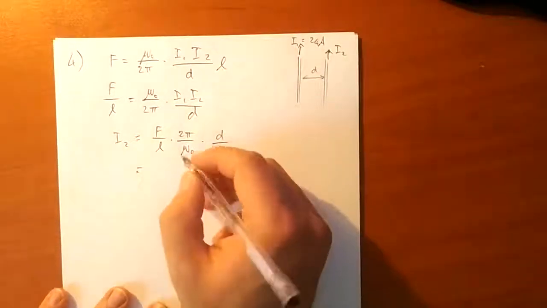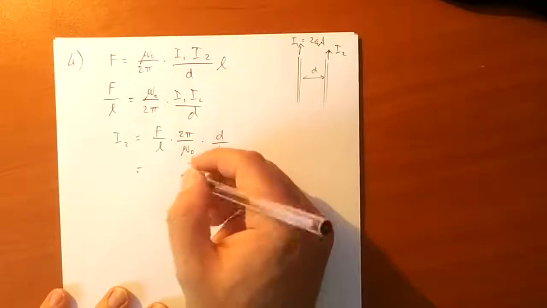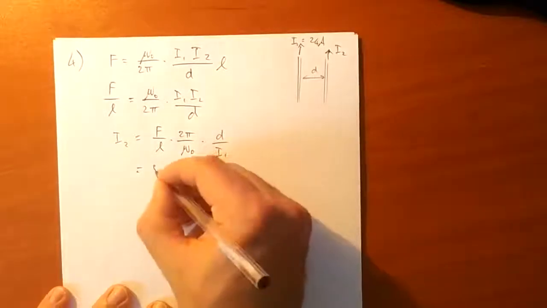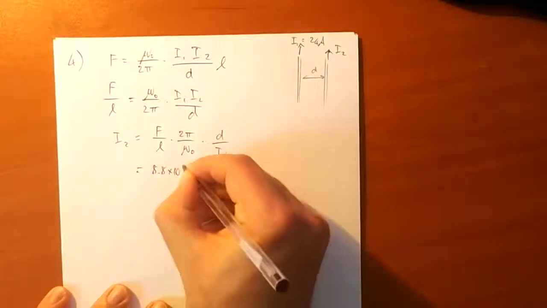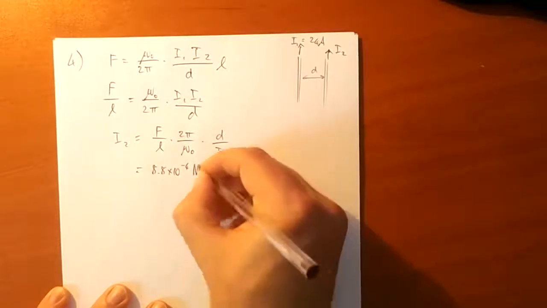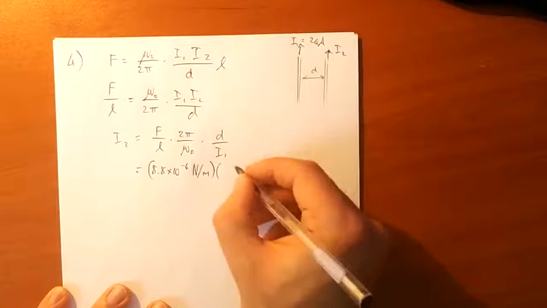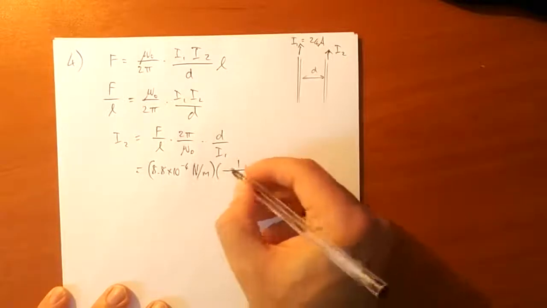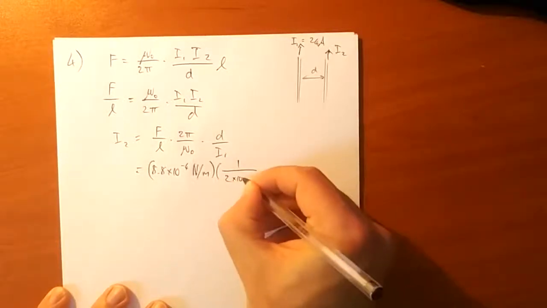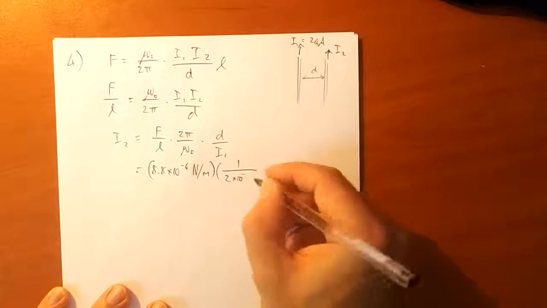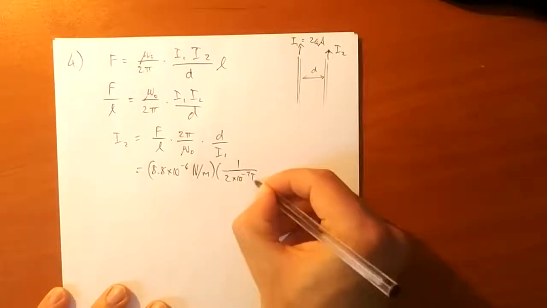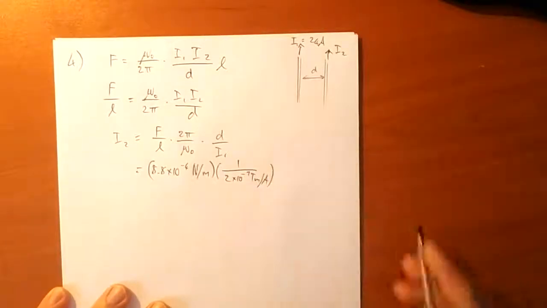F over L, that is 8.8 times 10 to the minus 4 newtons per meter. Times 1 over 2 times 10 to the minus 7 Tesla meters per ampere, right?